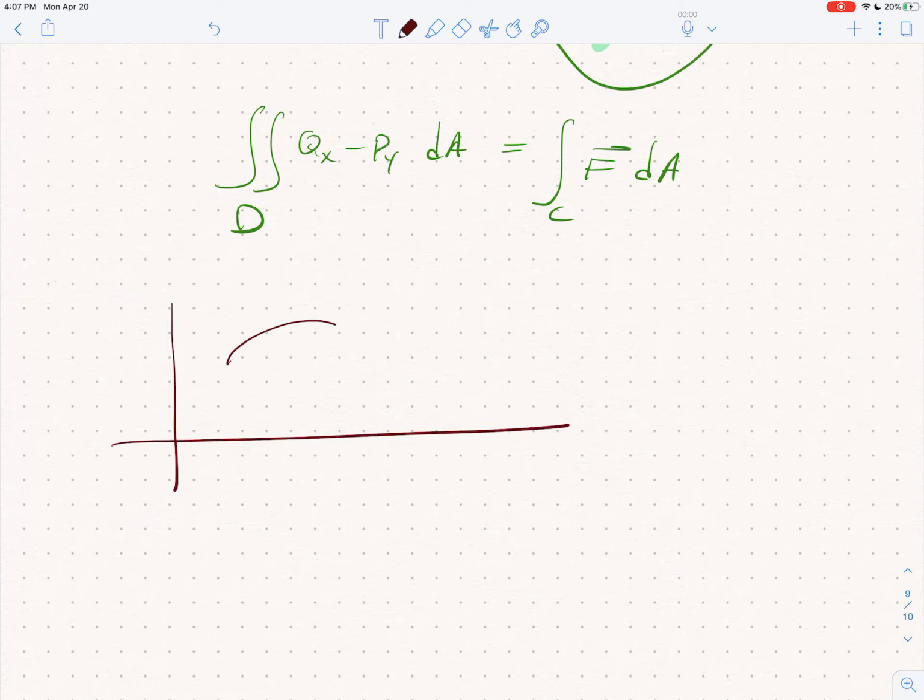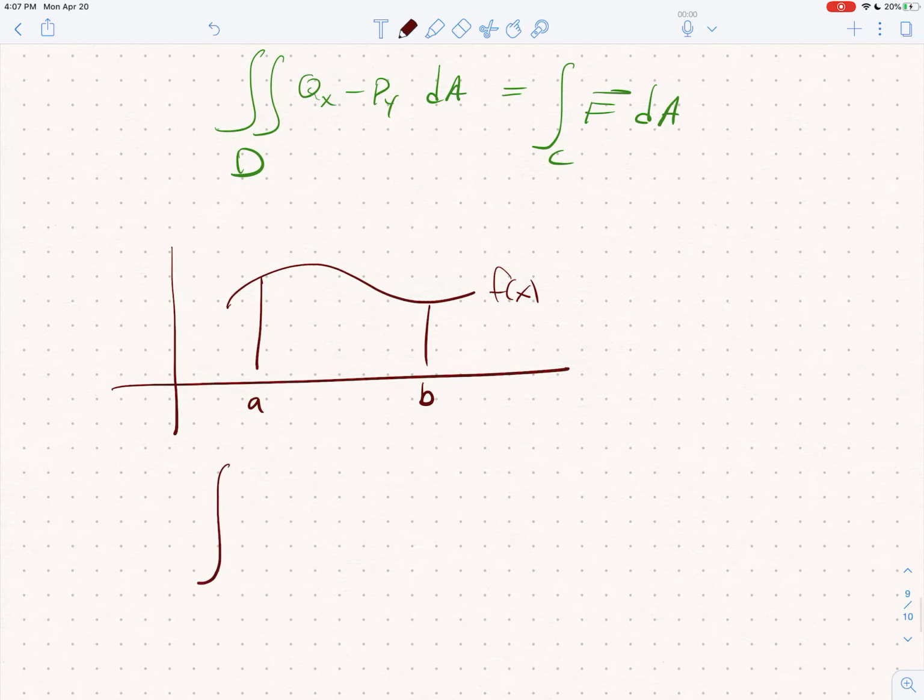So we took the integral of a function f of x from a to b. We had this integral from a to b of f of x dx, and we were able to express that as big F of b minus big F of a.